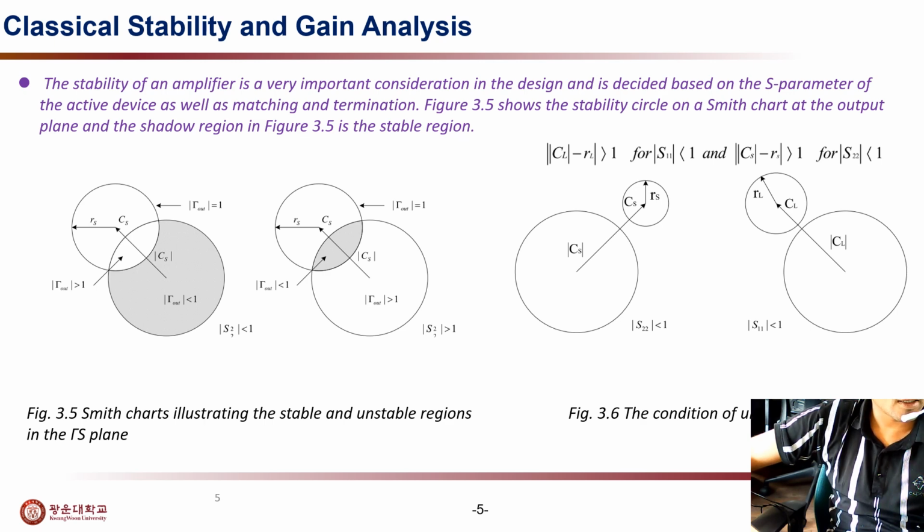Figure 3.6 shows the circle of unconditional stability, where any passive source or load can be expressed in this form, and these conditions have to be met here.